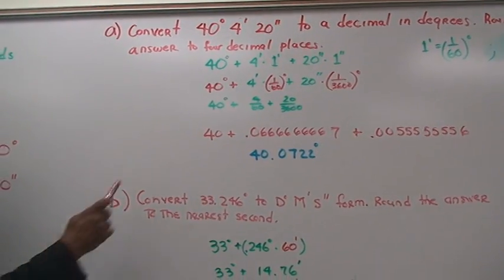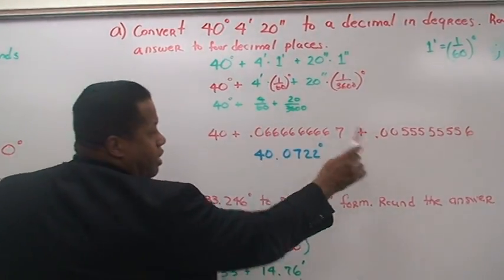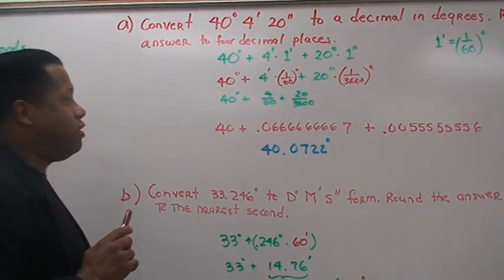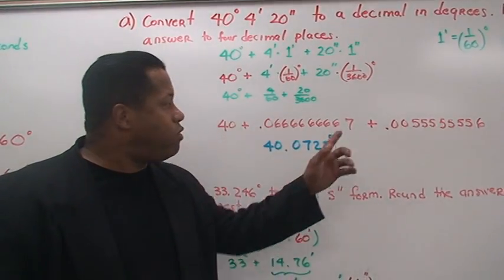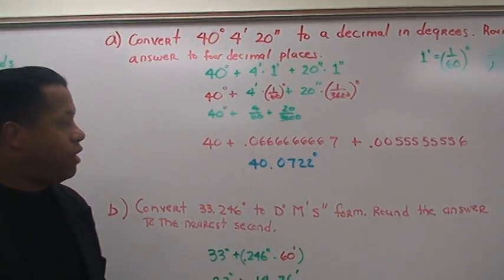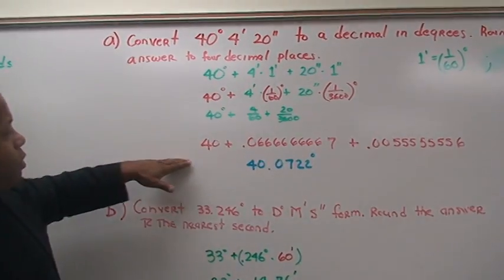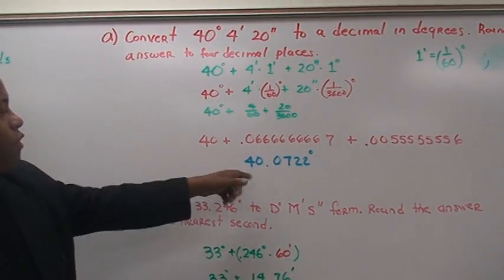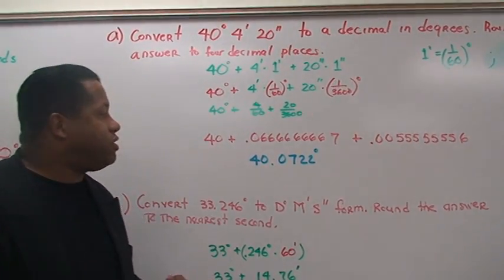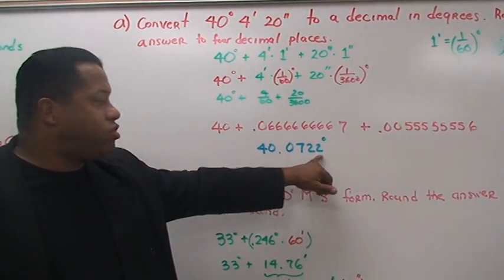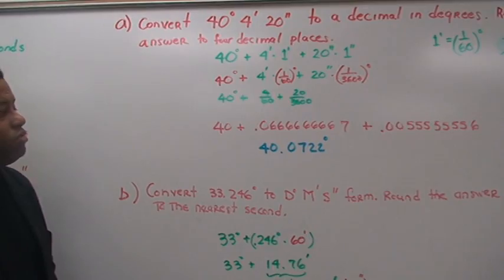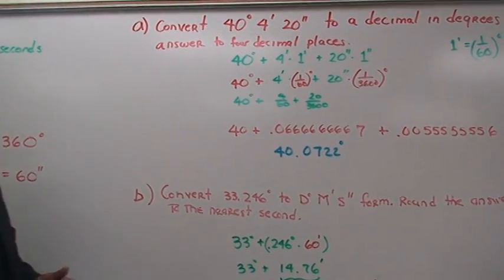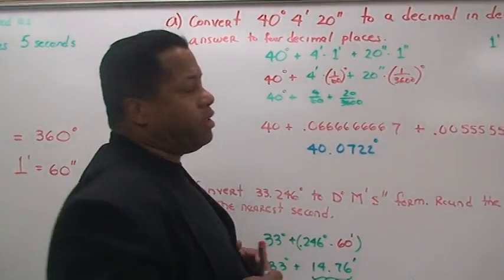Say 40 plus 0.06666, and so forth, plus the other coefficient here. What we got is 40.0722 degrees. This is what we got, and it's rounded to 4 decimal places.